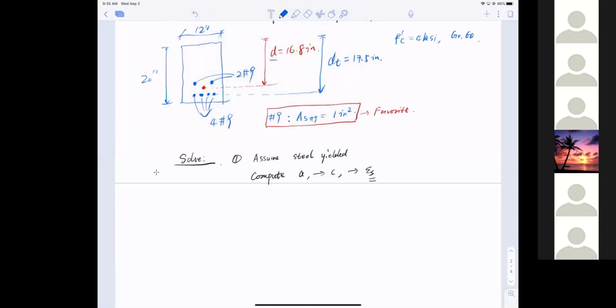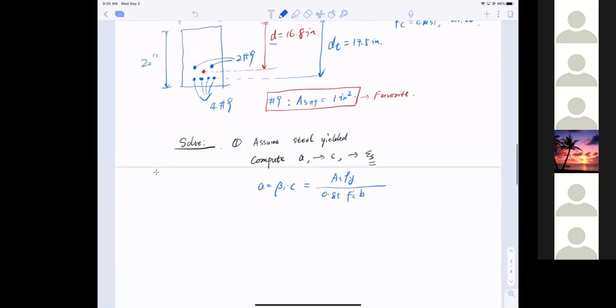So now I can start my calculation. a, the effective compressive zone, equals beta1 times c, and equals As fy divided by 0.85 f'c b, using the Whitney stress block.